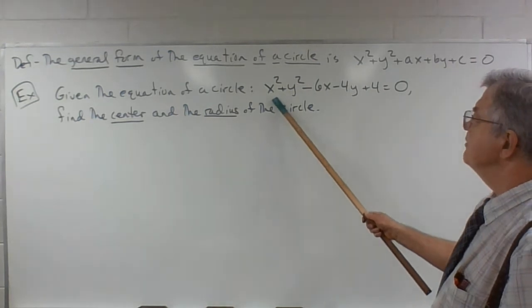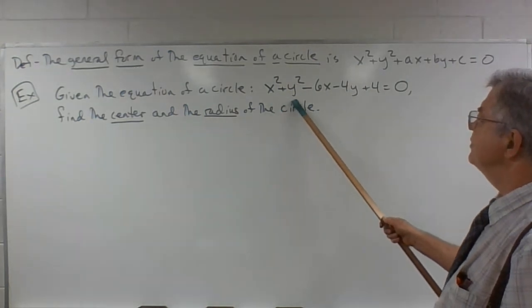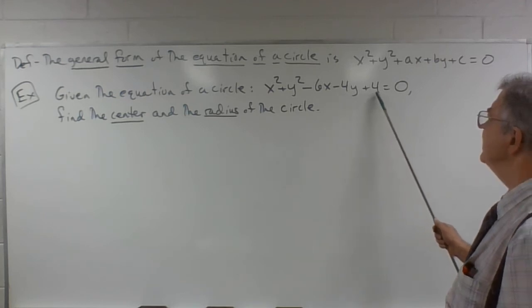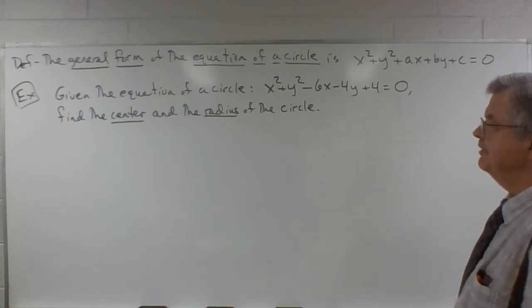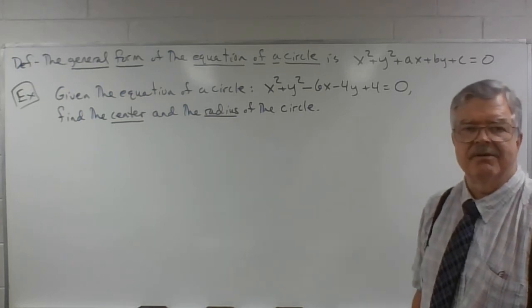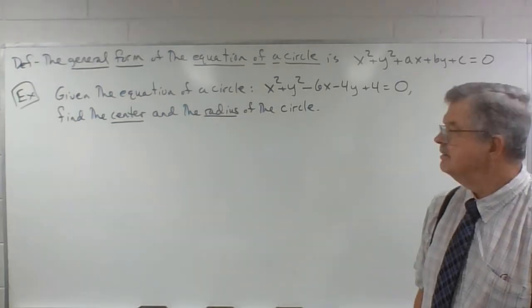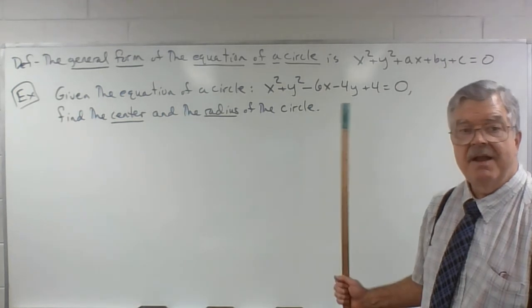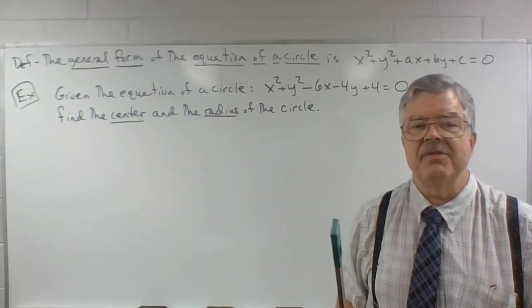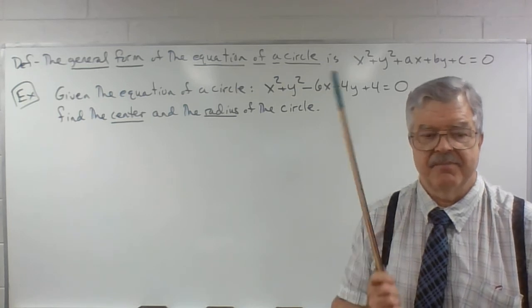Given the equation of the circle, x squared plus y squared minus 6x minus 4y plus 4 equals 0, find the center and radius of the circle. Not fun, but it's well within our capability.